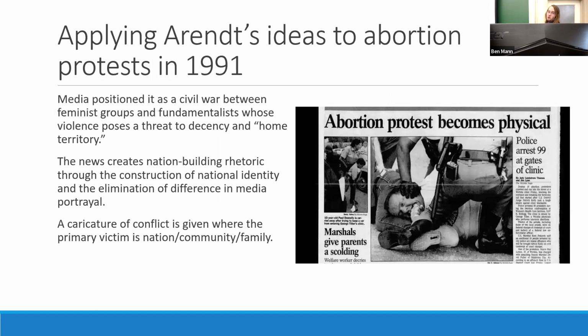In particular, right, we looked at the idea posed here about how when the abortion activism and protests, regardless of sides, were happening in the 1990s, it was positioned by media as a civil war, where on the one end, we have the reasonable, regular people, and the other, we have these extreme activists engaged in a civil war that's posing a threat to decency. And the idea that while there were instances of violence and civil unrest that needed to be covered, the broader Civil War framing was ultimately harmful to understanding what these movements were doing and the arguments that these movements were making.